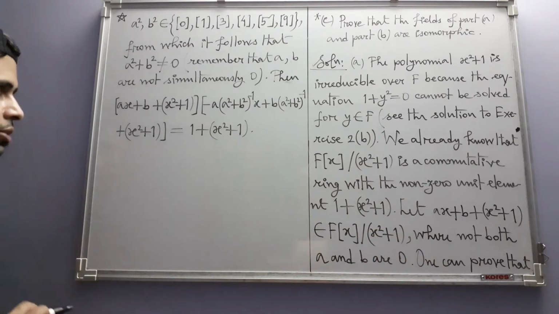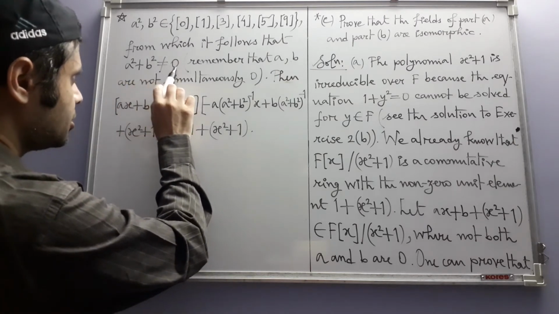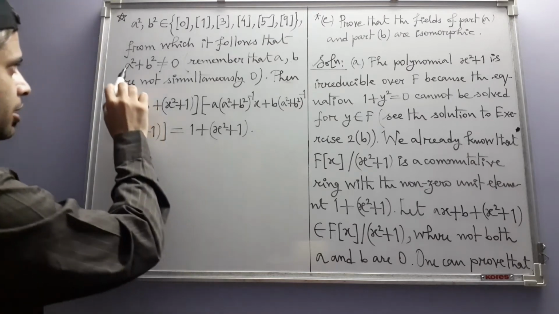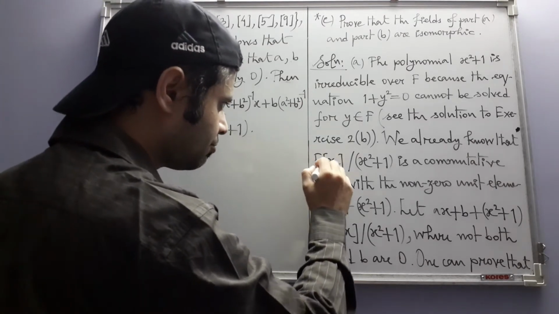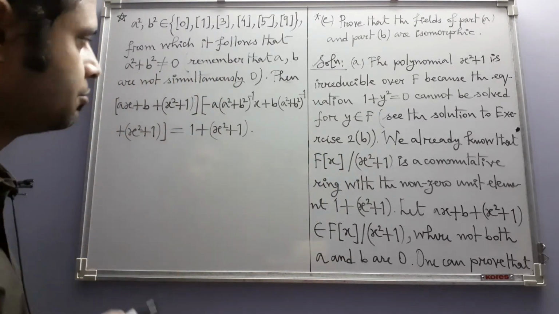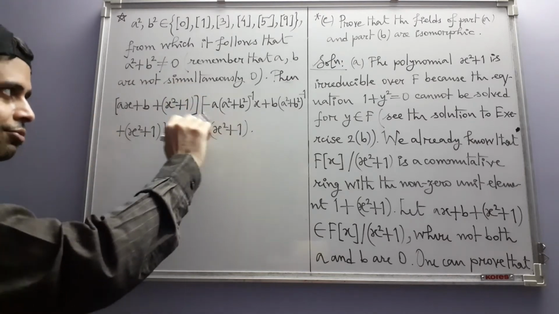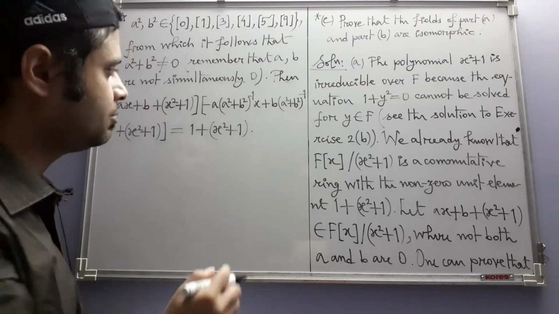Now note carefully that a square plus b square is not equal to 0, and this a square plus b square is an element in the field F, that is integers modulo 11. So it's a non-zero element in the field. So in the field itself it will have its own multiplicative inverse.